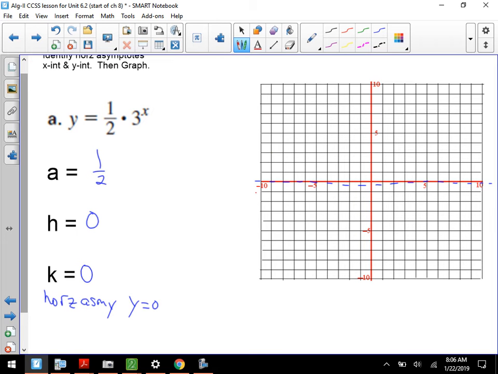If I say it's at negative 2, that gives me 1/18. If I say it's at negative 1, what does that give me? What number is that? 1/6, very good. It's 1/6. If it's at 0, what is it? 1/2. At 0, it's 1/2.